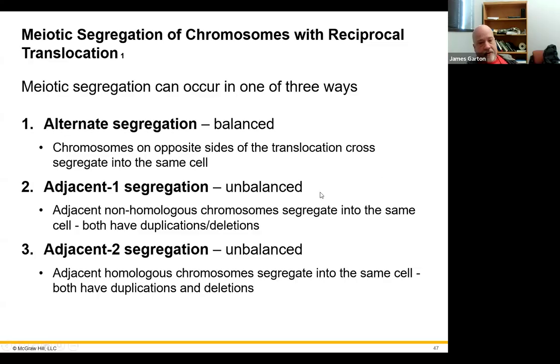And the adjacent patterns lead to chromosomes that are going to have duplications and deletions. Adjacent two segregation is the most rare, but alternate and adjacent one are basically about equally likely to happen.